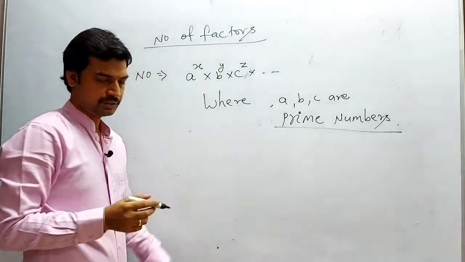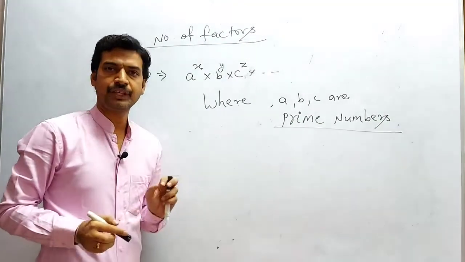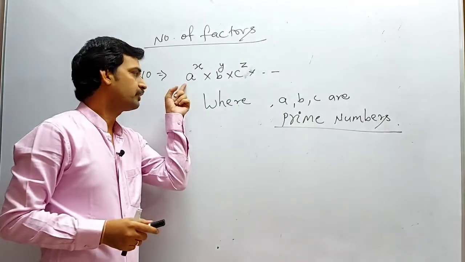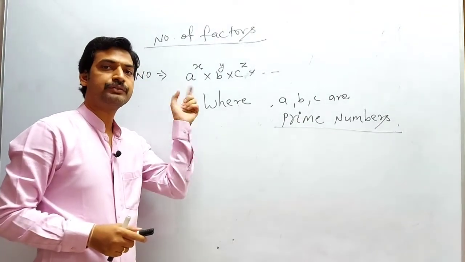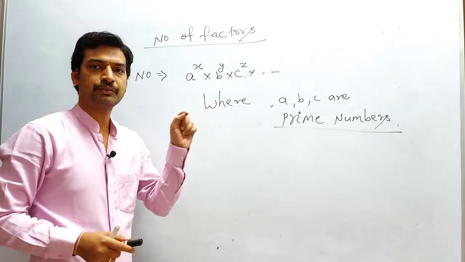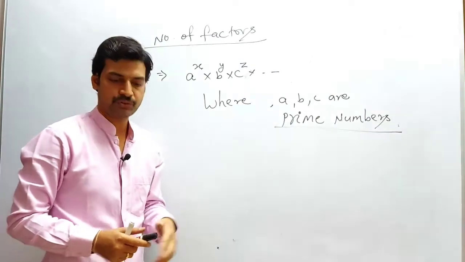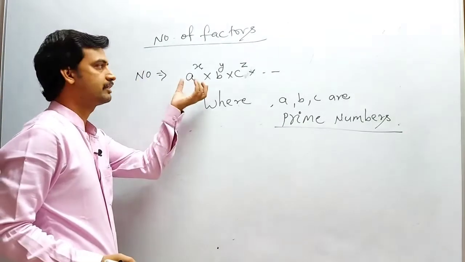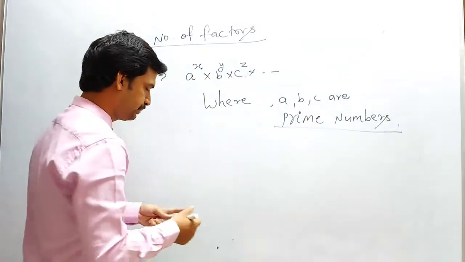It means you need to factorize each and every number in terms of powers of prime numbers. We cannot take a power of 4, we will take a power of 2. We cannot take a power of 6, we take powers of 2 and 3. Because each and every number should be factorized in terms of powers of prime numbers.